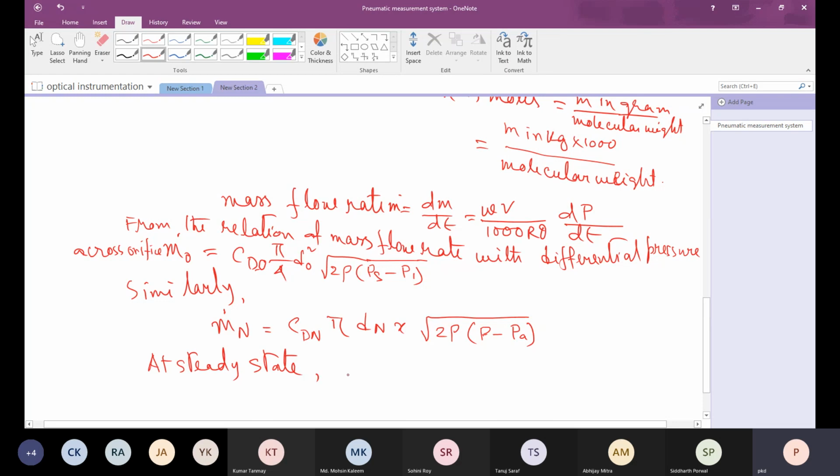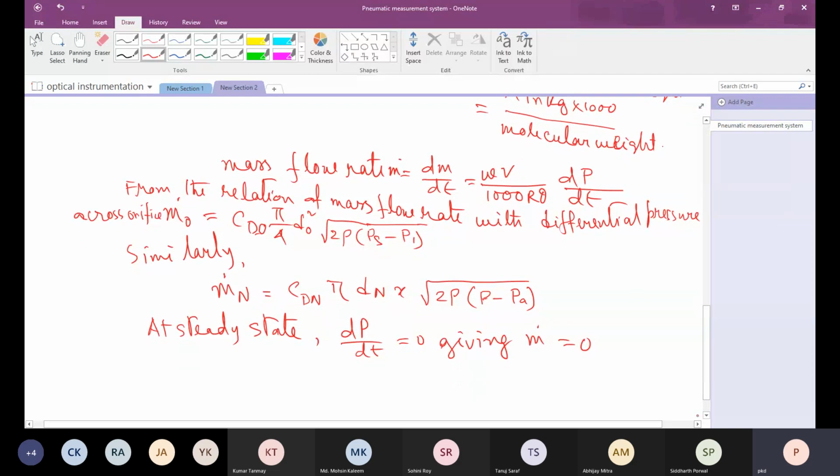So dp/dt equal to 0, giving m dot equal to 0.